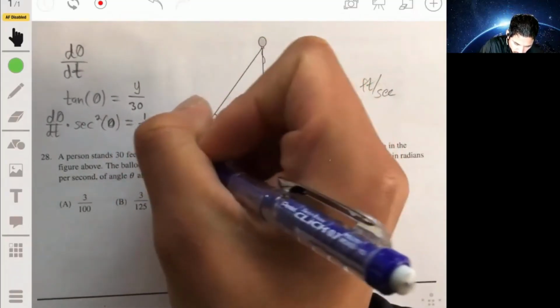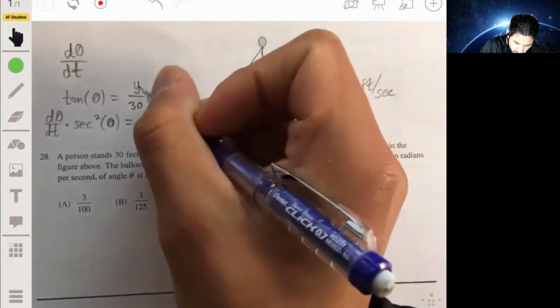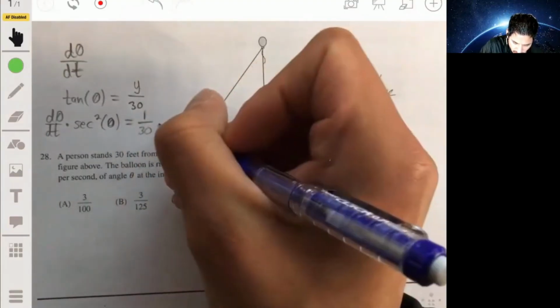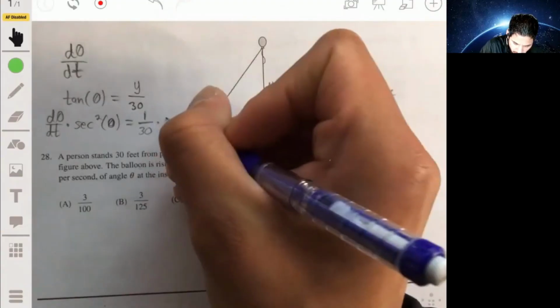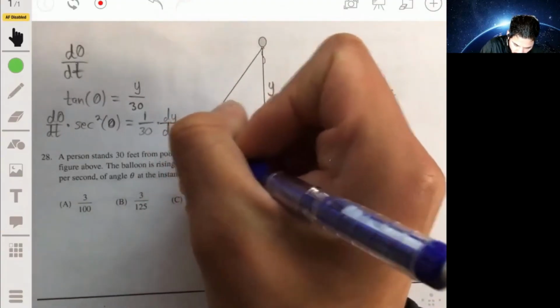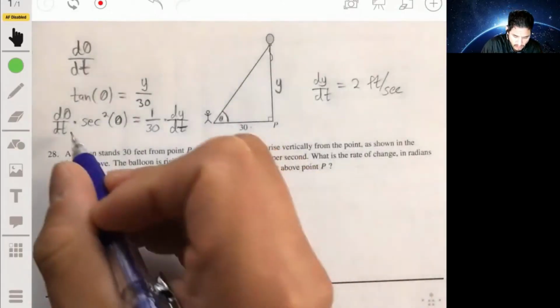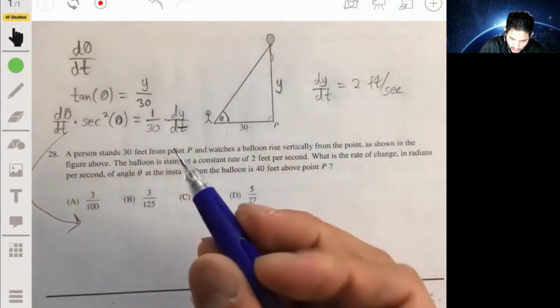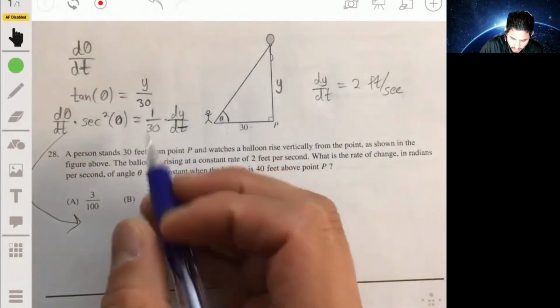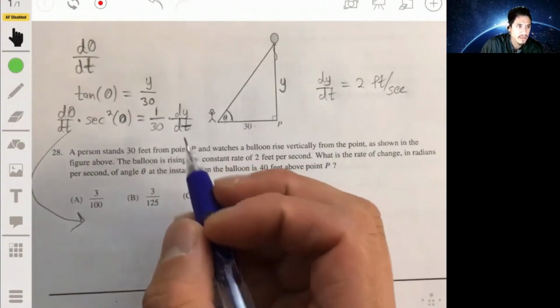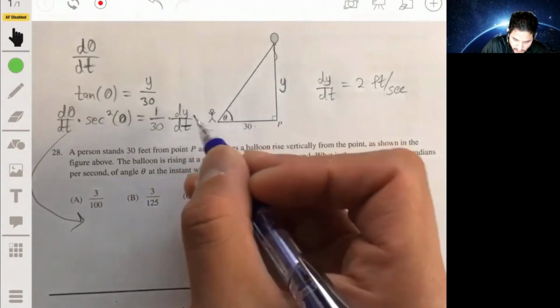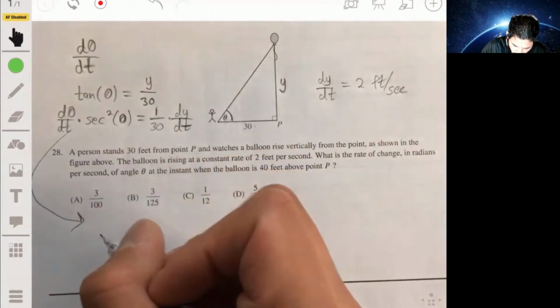And that'll be equal to 1/30th times the derivative of y, which is just 1, so we don't have to rewrite it, times dy dt. Now the rest is honestly just trig. We're given dy dt.